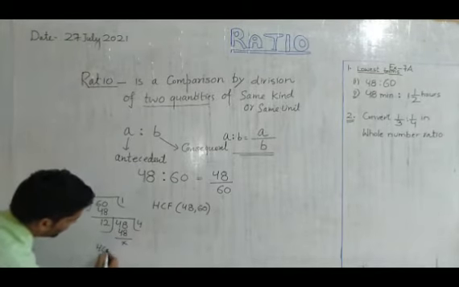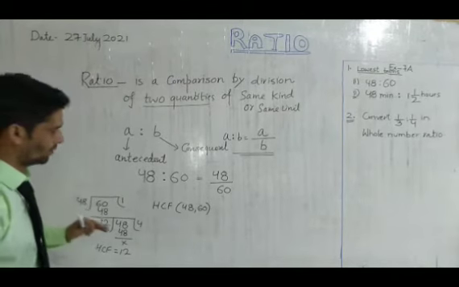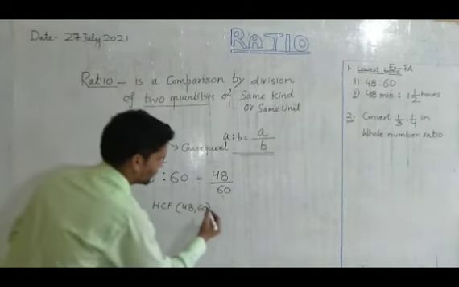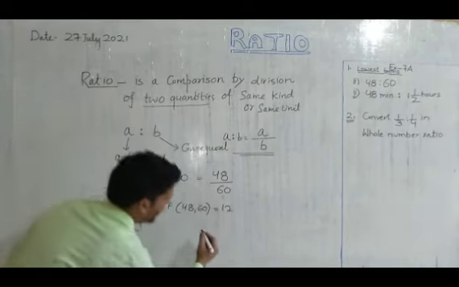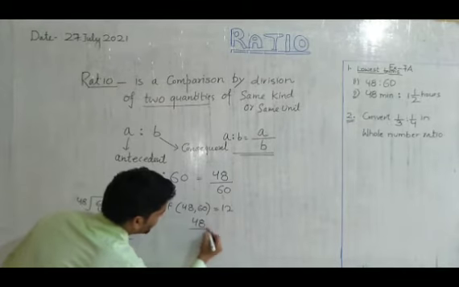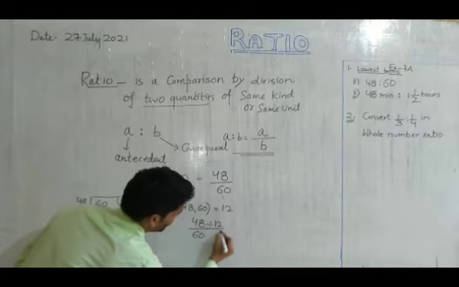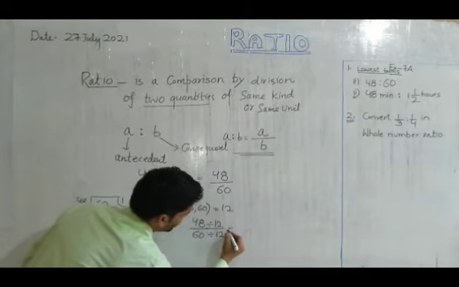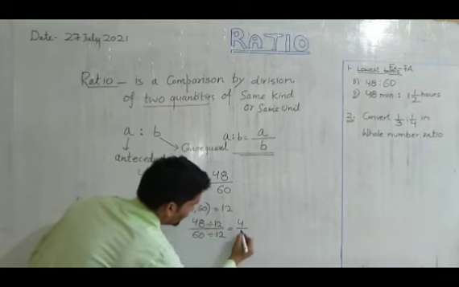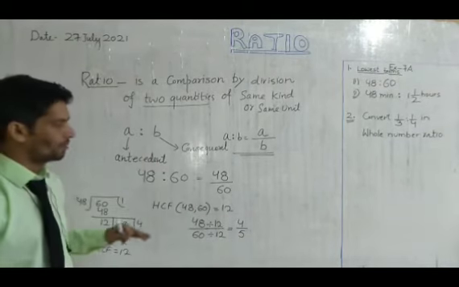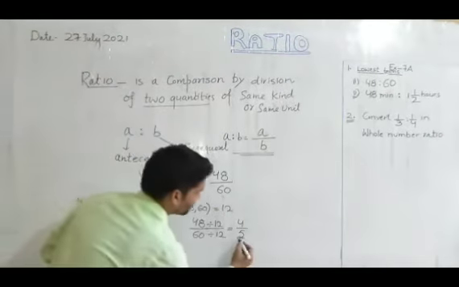So HCF will be 12. The last divisor is the HCF of the given two numbers. So HCF of 48 and 60 is 12. Now divide both 48 and 60 by 12. 12 fours are 48, 12 fives are 60. The lowest term of 48 ratio 60 is 4 ratio 5.